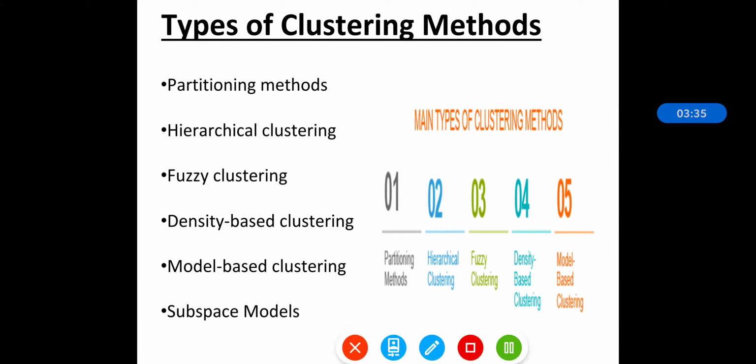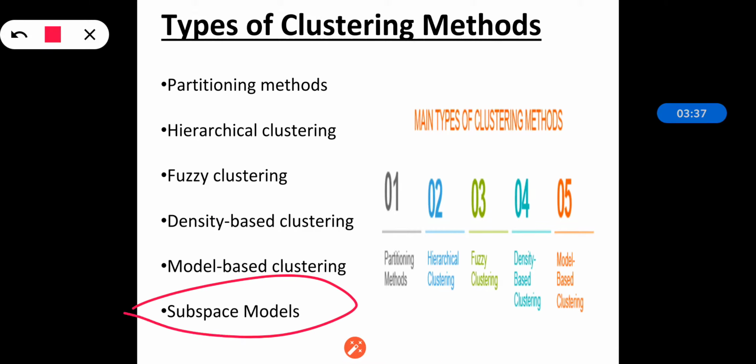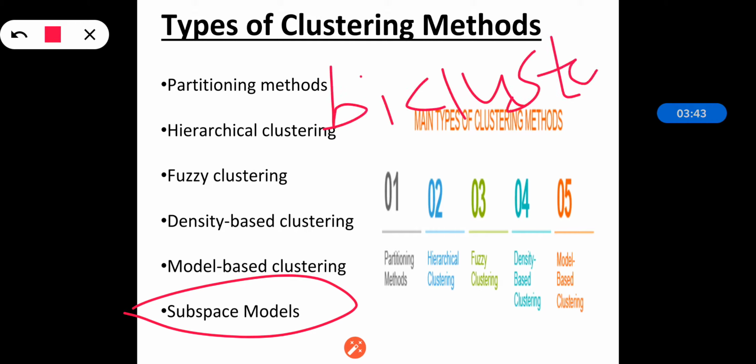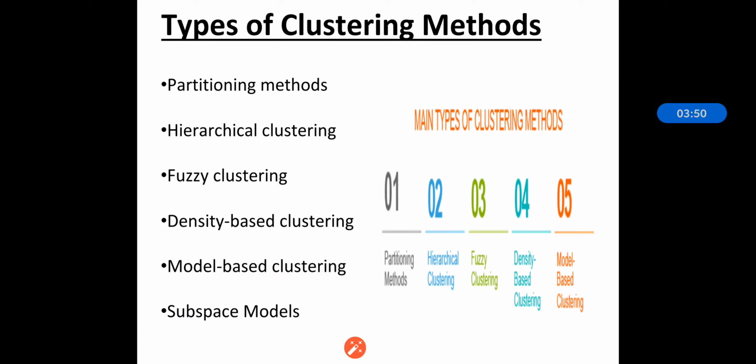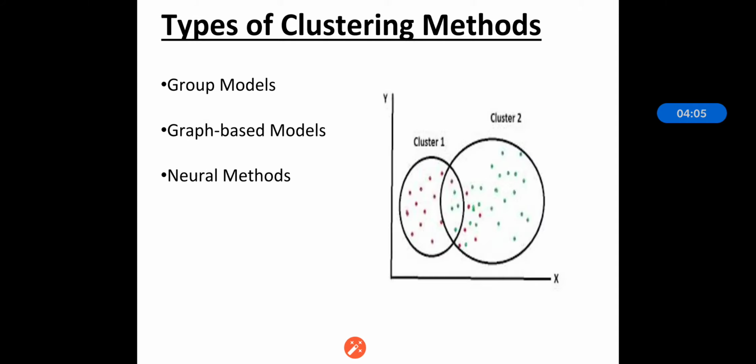Now the next one is the subspace model. It is also called biclustering, as well as co-clustering, because the clusters are modeled with both cluster members and relevant attributes. Clustering is done with the other cluster members as well as by using the relevant attributes, and that is the subspace model.